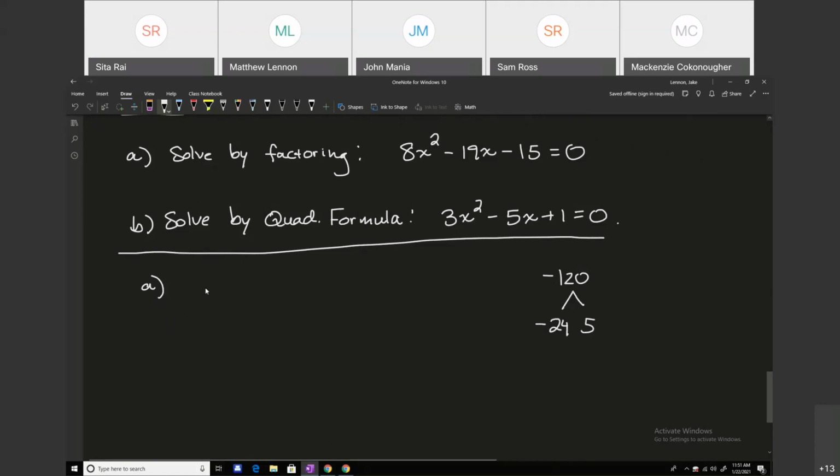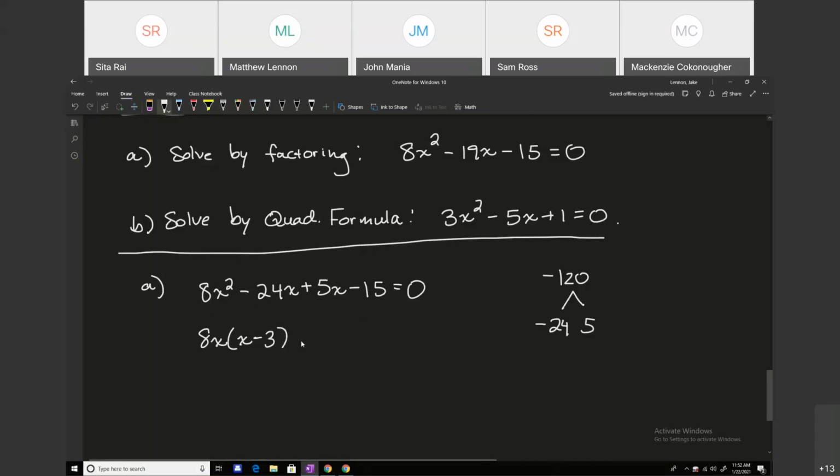Now we rewrite it as 8x squared minus 24x plus 5x minus 15. Then we have the two groups: 8x squared and 24x have a greatest common factor of 8x. So we can take out the 8x and we get x minus 3.